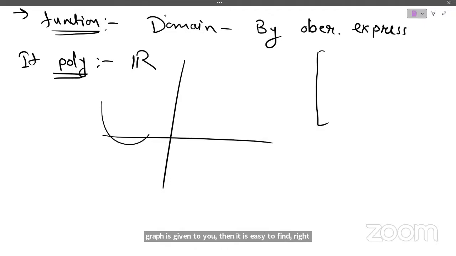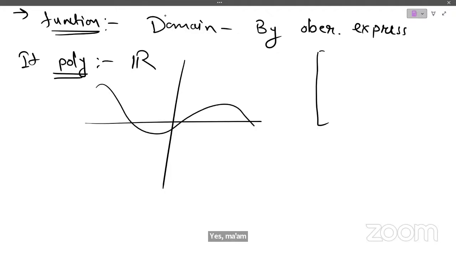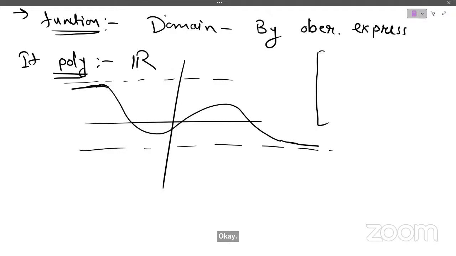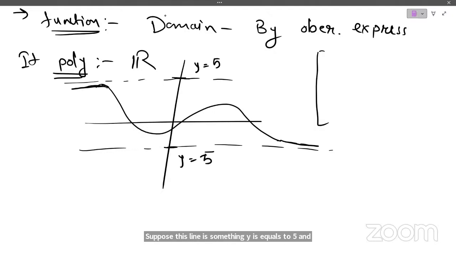Suppose this is the graph of a function, and I'll say that this line is the asymptote of the graph, and this below line is the asymptote of the graph, and this graph is not crossing these lines. Suppose this line is y equals 5, and this line is y equals minus 5. Then from the graph, you get some idea, okay, the range of the function is from minus 5 to 5, right?